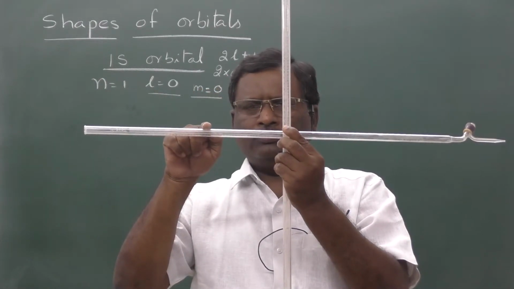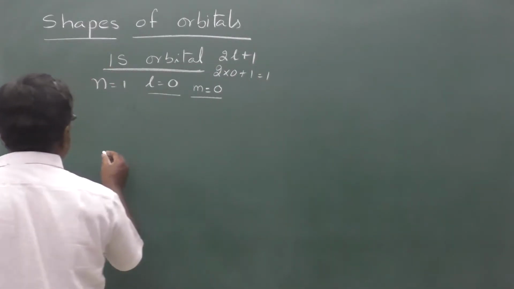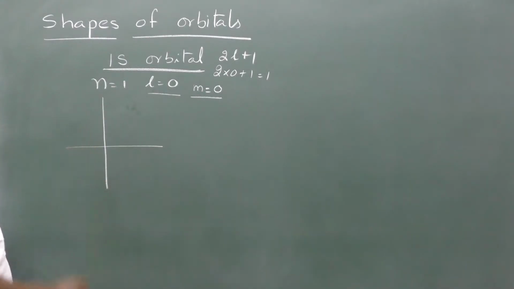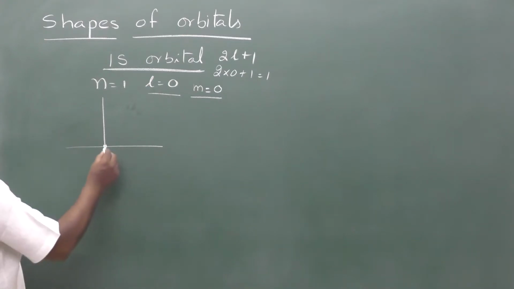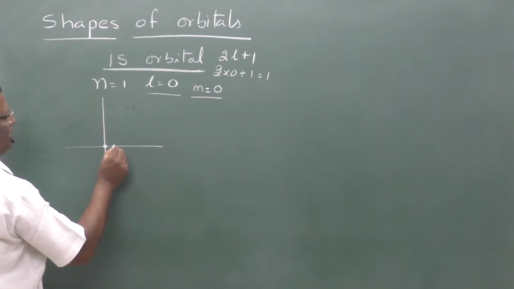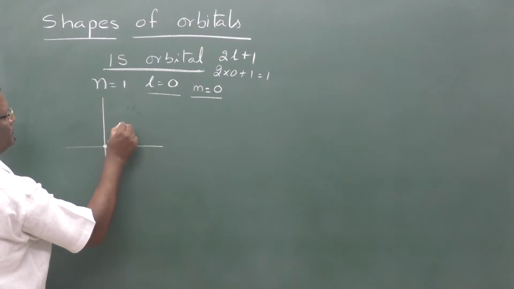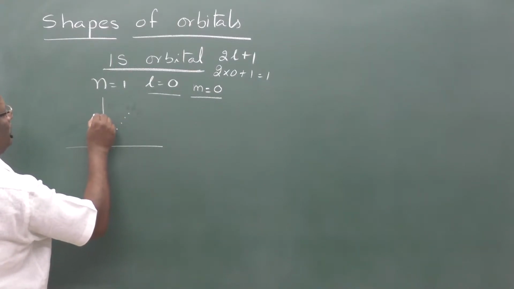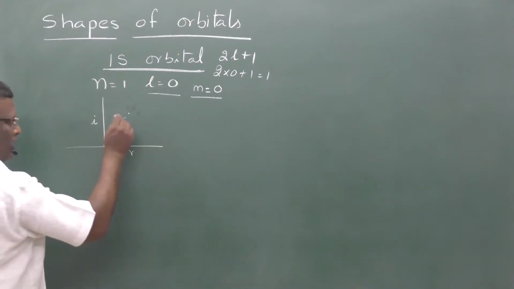Then it decreases to a minimum. That means if I plot a graph for the probability of a 1s electron along the x-axis, y-axis and z-axis, at the nucleus the probability is 0. As I move away, its probability will be like this. This is radial probability and this is r, distance along the x-axis.